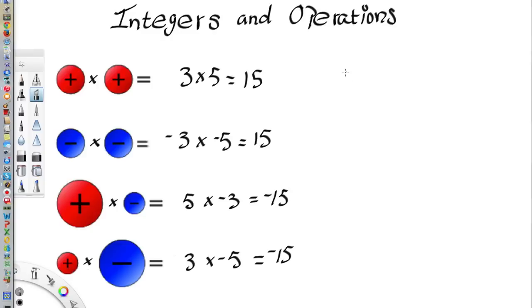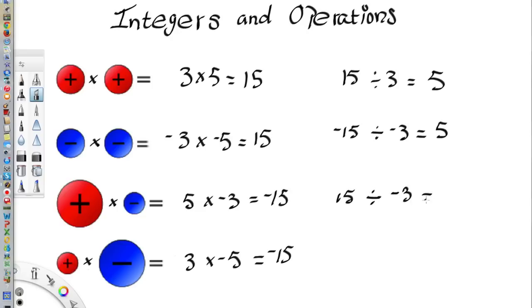And the same is true of division. If I have 15 divided by 3, I'm going to get a positive 5 as my answer. If I have a negative 15 divided by a negative 3, my answer is still going to be a positive 5. If I have a positive 15 divided by a negative 3, my answer is going to be a negative 5.